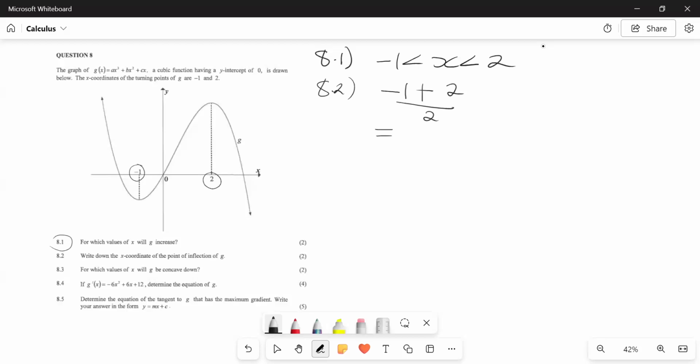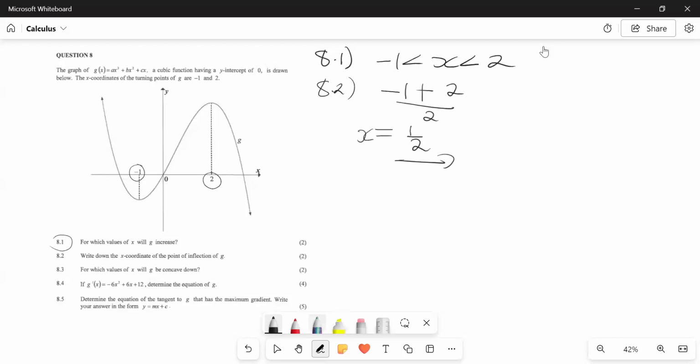And 2 minus 1 is just 1, over 2. So our x-coordinate at the point of inflection becomes 1/2. I hope we all understood that part, right?